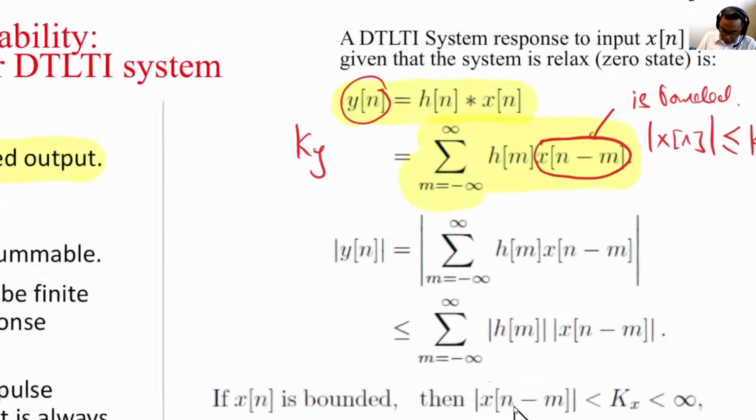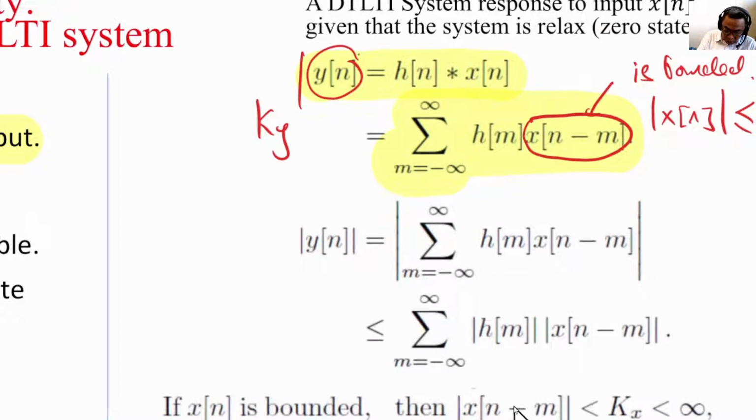The proof goes like this. We take the absolute on both sides. So on the left, we have the absolute of y, and on the right hand side, we have the absolute of this convolution equation. Now, remember that this term can be positive or negative.